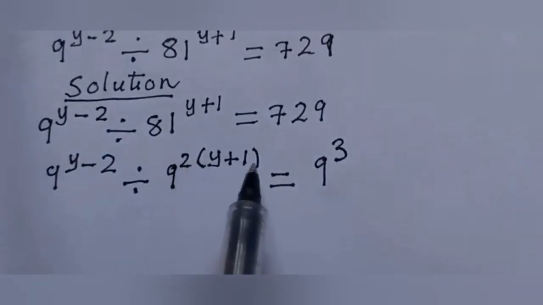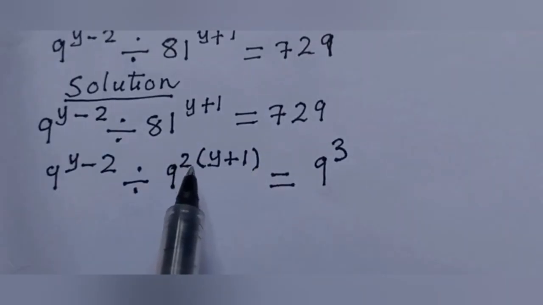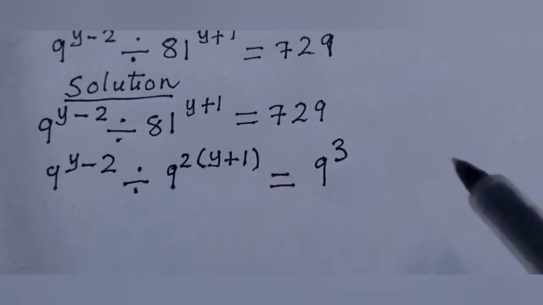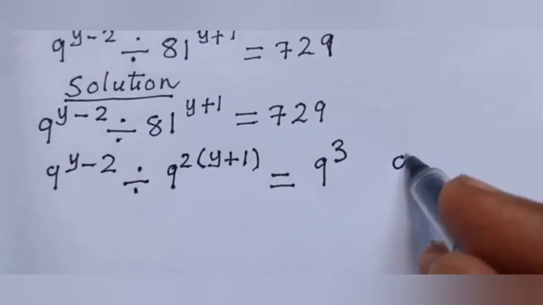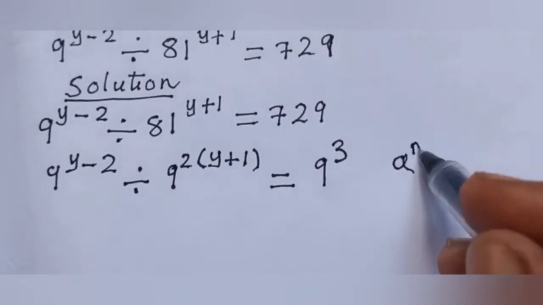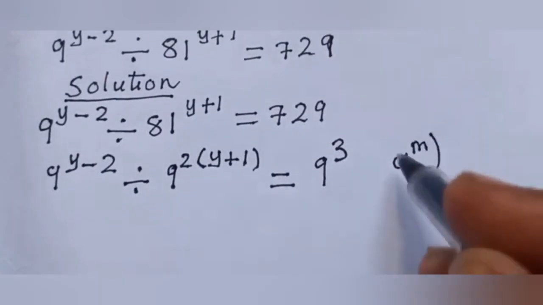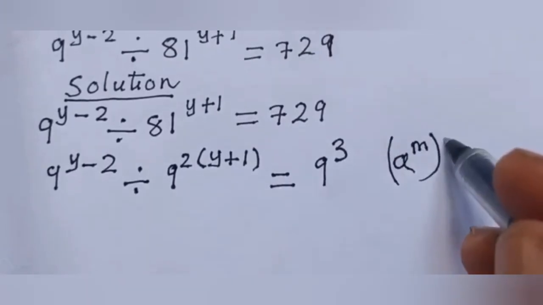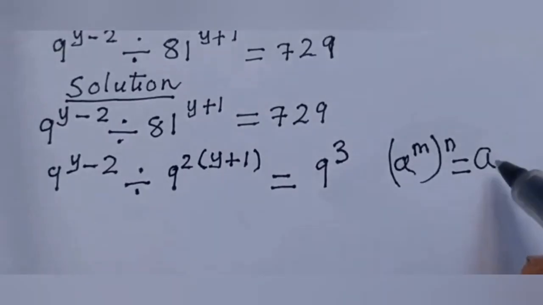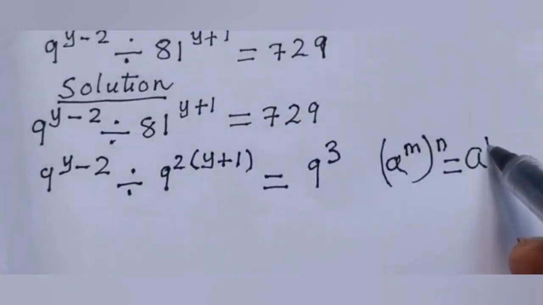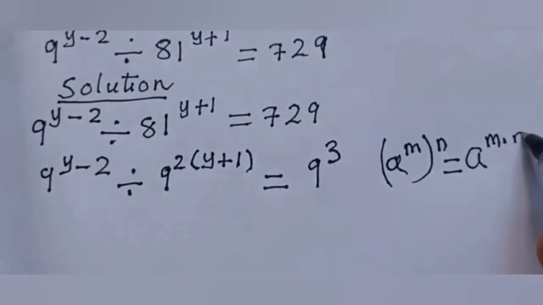Let's open the bracket. We are going to use the power rule, which is a power m in the bracket power n equals a power m times n.